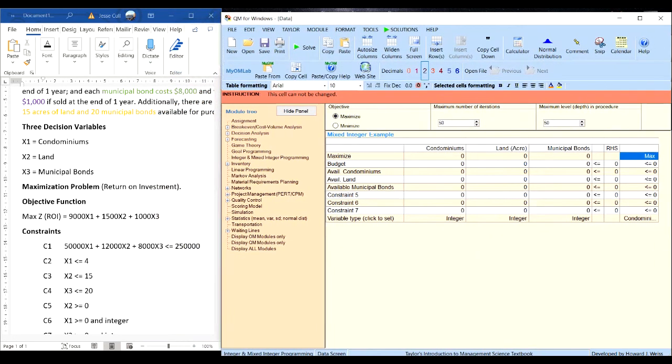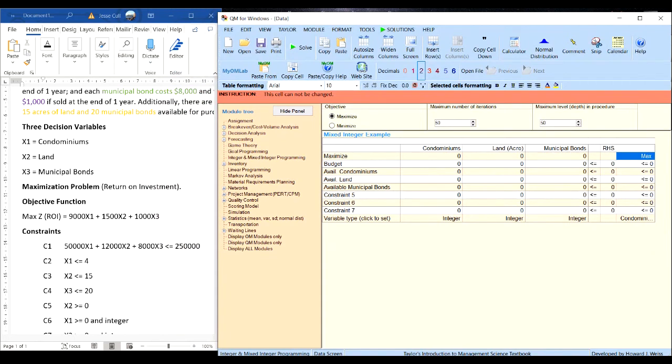It's just for viewing simplicity. Our fifth constraint, X2 must be greater than or equal to 0. So we can just call this X2 land constraint. Condominium constraint. Municipal bond constraint.